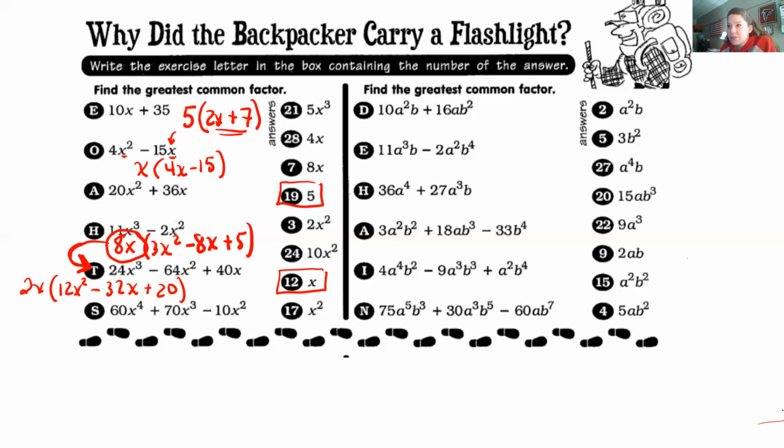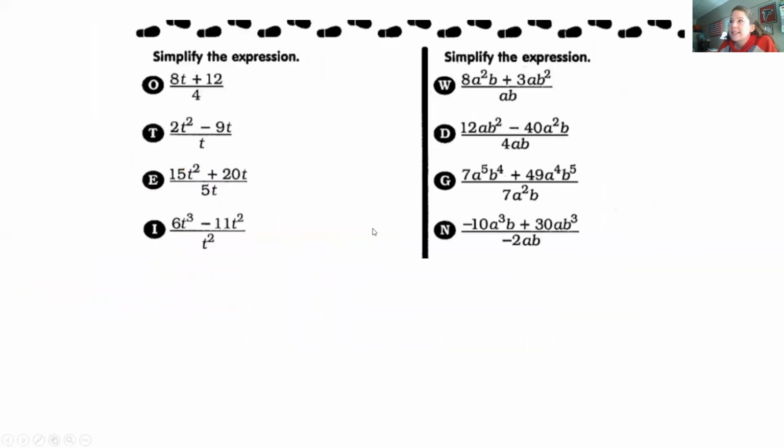So that's how you guys do that part, okay? For all of these, both sections over here, you want to find the greatest common factor. And then this is just a continuation of dividing polynomials that we did last week. So you just want to make sure you divide by the greatest common factor of all the terms, right? You can only divide if every single term has a common factor.